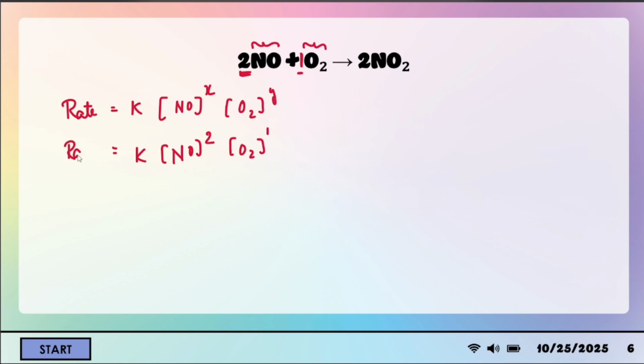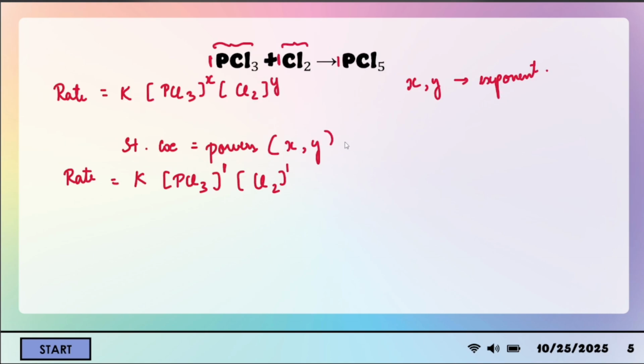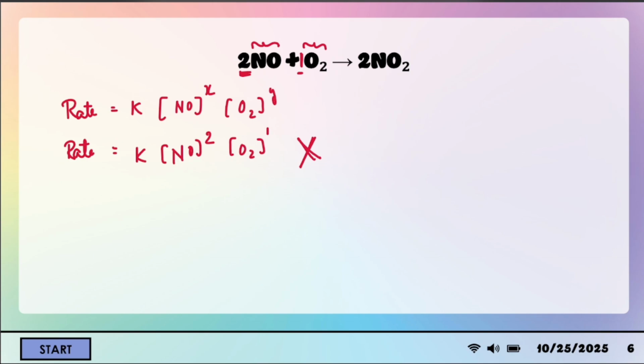But in this case, students, the rate law expression is wrong. This is not a correct rate law expression for this reaction. But it was right in the previous case.